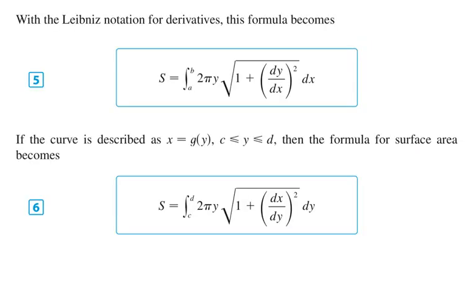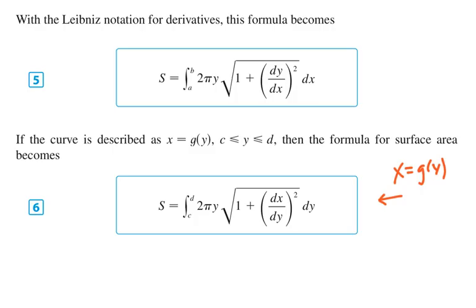All of the other was concepts, but this is what it comes down to. This is your surface area formula for the surface of a revolution: 2 pi y, square root of 1 plus dy over dx squared, dx. The second one is for when you have your equation x equals g of y.